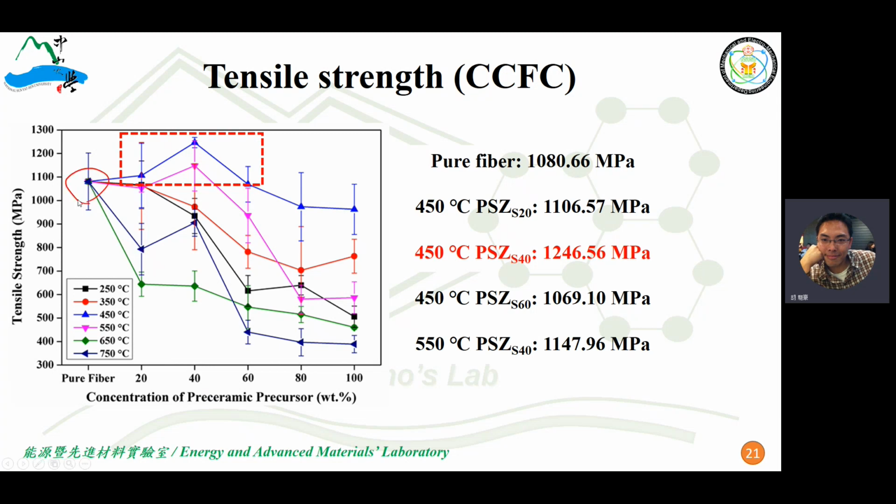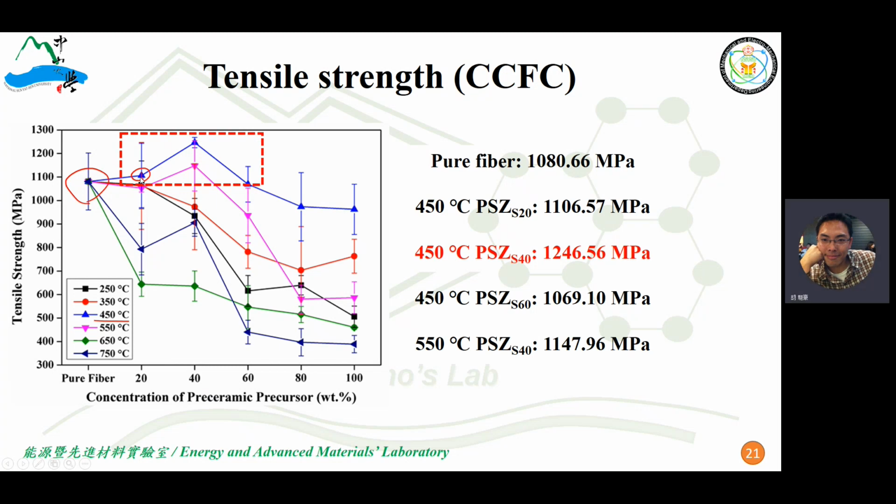This point is for the pure fiber without any coating. When we coated 20% preceramic precursor on commercial carbon fiber and pyrolyzed at 450 Celsius, you see the UTS, the ultimate tensile stress, is slightly enhanced.